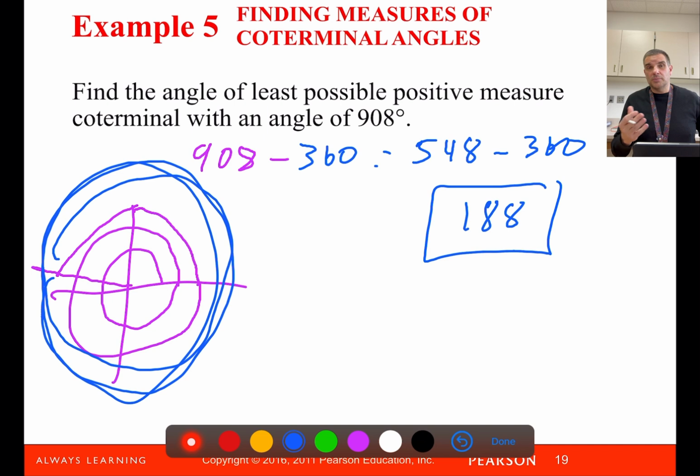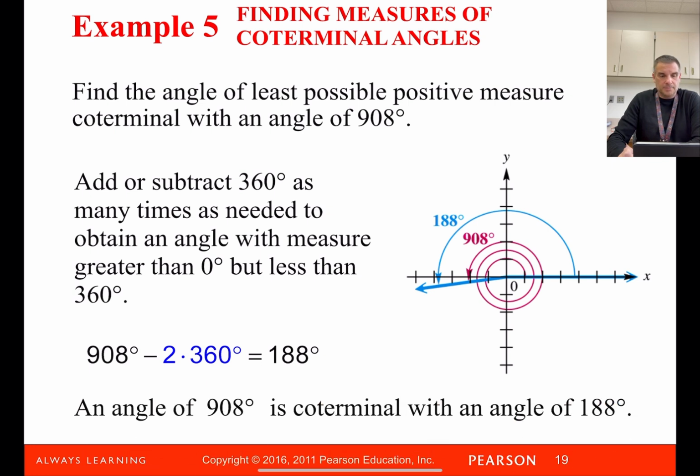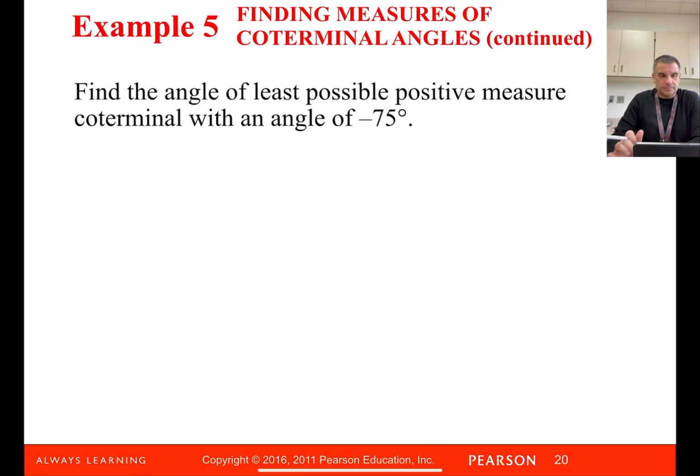Those are coterminal angles to each other. Sorry, I messed up where the 908 is drawn. You just subtract 360 as many times as you need to, and you get a 188-degree angle. So those are coterminal.